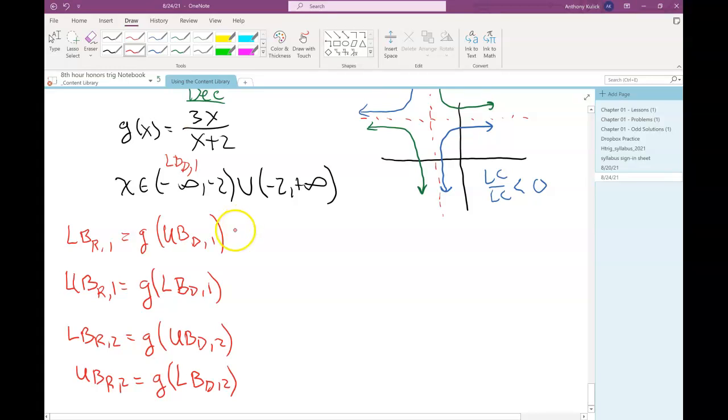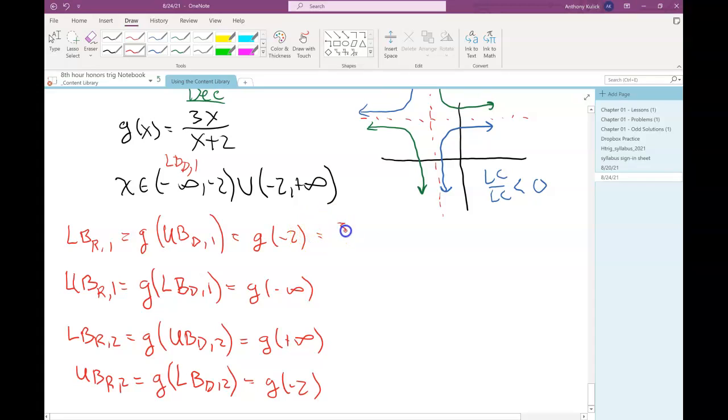All right. So this is going to be g of negative 2. This one will be g of negative infinity. This one will be g of positive infinity. And this one will be g of negative 2. Which is not too bad, considering we're going to get the same answers in a couple of places here. That's pretty nice.